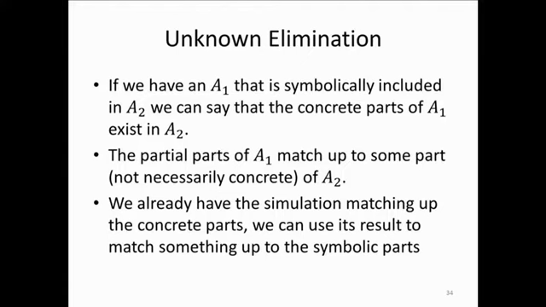So if we have two automata which are symbolically included, and if we have a result, our query is symbolically included, we know that the concrete parts match up. We have the concrete parts of the smaller automaton in the larger automaton. And we simply have bits that go in the variables to match it up. So we want to find out the not necessarily concrete parts of the larger automaton to go in the variables.